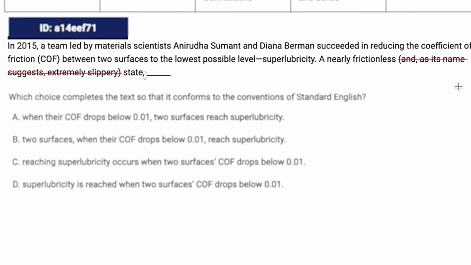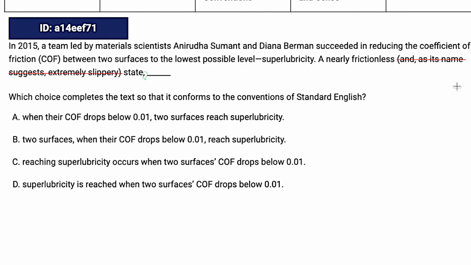A nearly frictionless state. Okay, so whatever comes after needs to be a nearly frictionless state. So a state of being. "When" is not a state of being, so immediately we're going to get rid of A. Two surfaces, not a state of being. Reaching superlubricity, not a state of being. That is an activity.